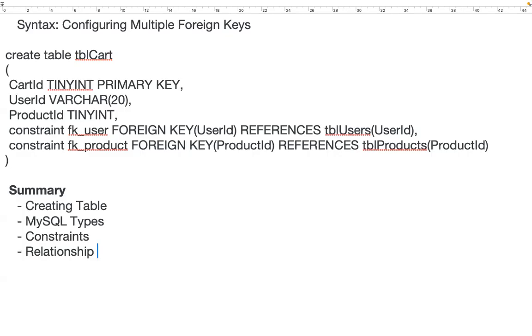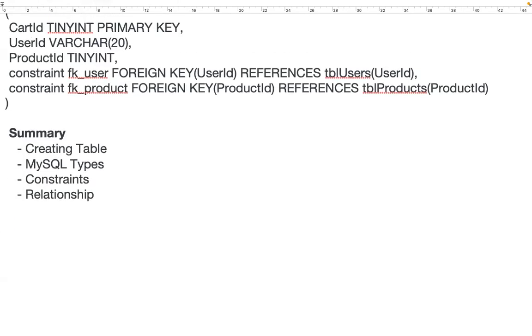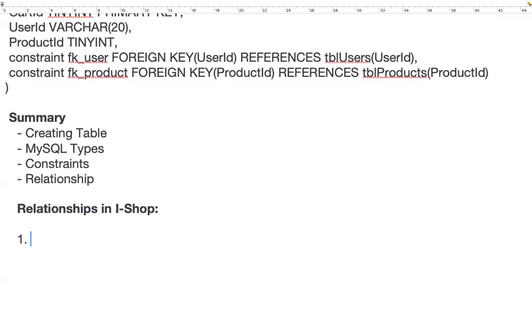That is a one to one relation. So I will give here the relationships in iShop. First one is one to one.